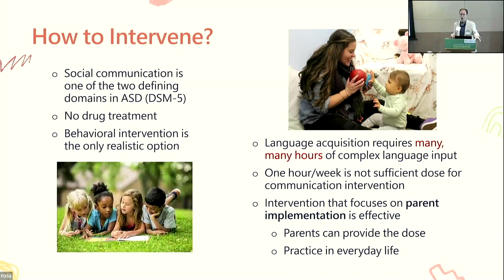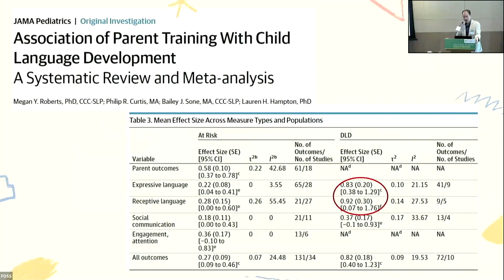Therefore, the best evidence that we have about treatment for social communication for infants and toddlers is to teach parents, to coach parents how to do treatment at home. And we have a ton of data to support that. This is a meta-analysis conducted by my colleague, Megan Roberts at Northwestern, published in JAMA Pediatrics, a meta-analysis of thousands of children. What she found is that for expressive and receptive language, the effect size can be close to 1 if you use this kind of treatment paradigm.